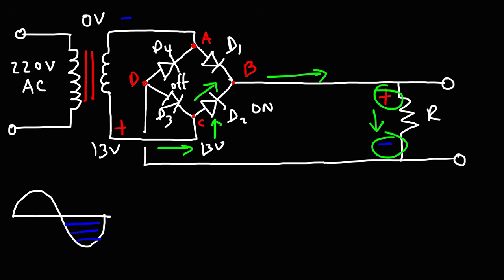So that doesn't change. And then back here to point D. Now it's not going to go back to C, because that's like going in a circle. It's going to flow through D4 to point A, to the negative side of the transformer. So D4 is on, while D3 and D1 are off.